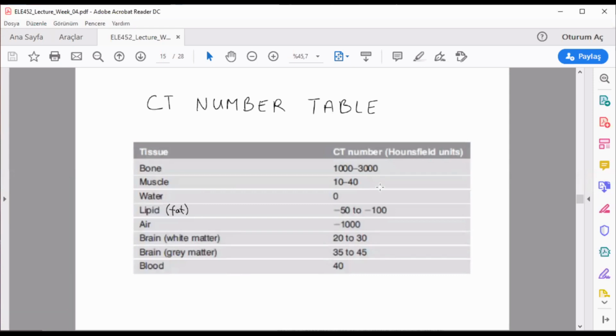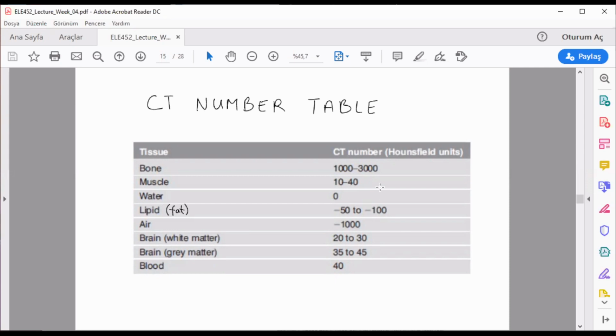CT numbers, according to the table given in that reference, can be stated as such. You see very X-ray opaque, or highly X-ray absorbing tissues, do have very large CT numbers, like bone.